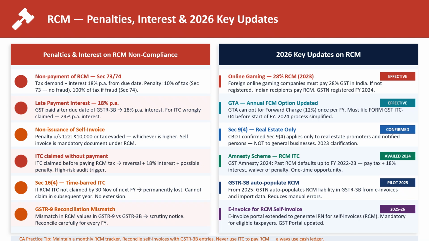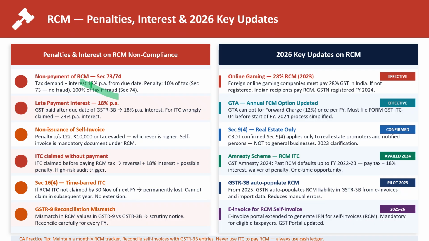And then what are the penalties, interest, and the 2026 updates? These are a few penalties. If there is non-payment of RCM under these sections, you will be chargeable 18% and all. If there is a late fee, again 18%.